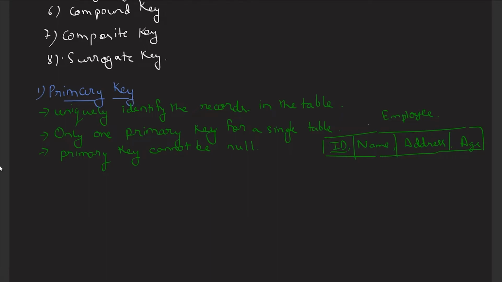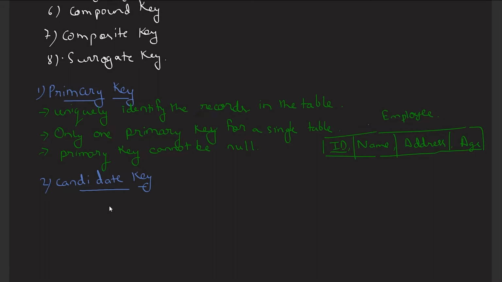Now let's discuss the second key, that is candidate key. Candidate key is also an attribute or a set of attributes that will uniquely identify the record. So as I said, a table will have only one primary key. So suppose there is a table in which there are 3 to 4 attributes that will uniquely identify the record.